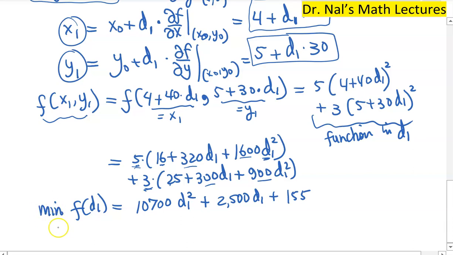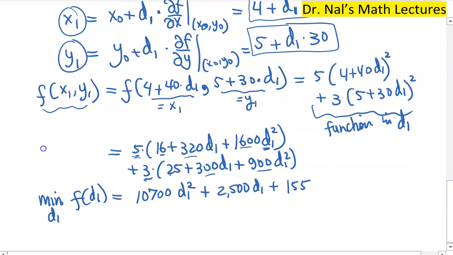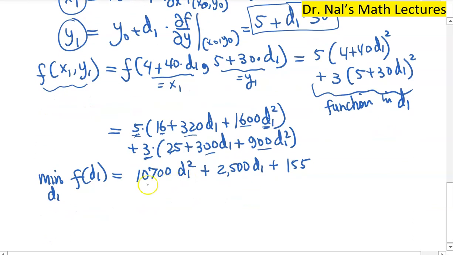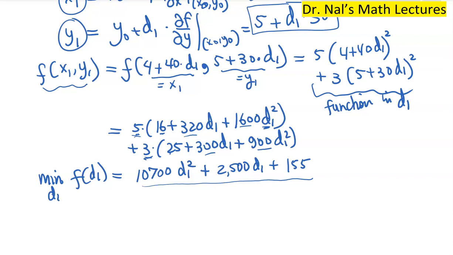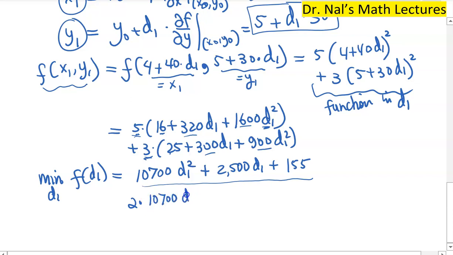So this is our new function in terms of d1 only, and now we want to minimize it as a function of d1. But this is just very easy business because this is a parabola. All we do is take the derivative, set it equal to 0, and find the value of the step function, basically. So when I take the derivative, I get 2 times 10,700 d1 plus 2,500, and that's the derivative of our function with respect to d1.